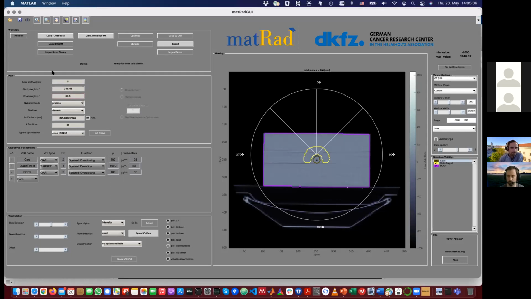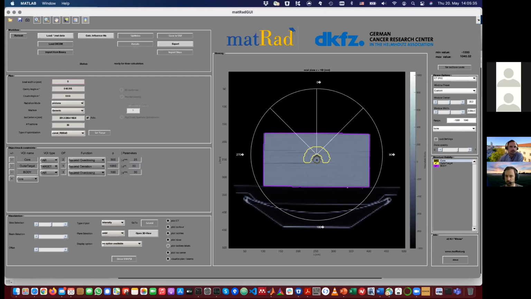For those of you who have very limited computational power, you can also increase the spot spacing by entering, I don't know, 6 millimeters or 7 millimeters here. As of now, I just leave it at 5, but maybe for some of you, when we later on move over to carbon ions, 5 might be too computationally intense, just as a small heads up.